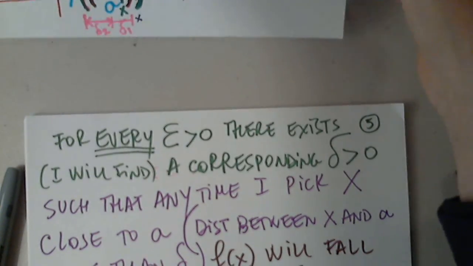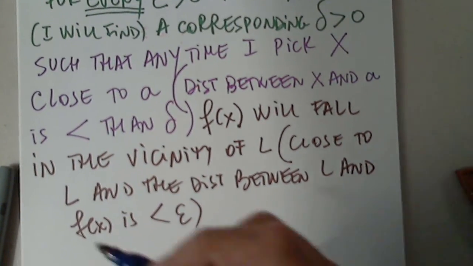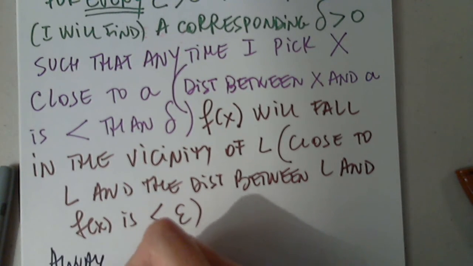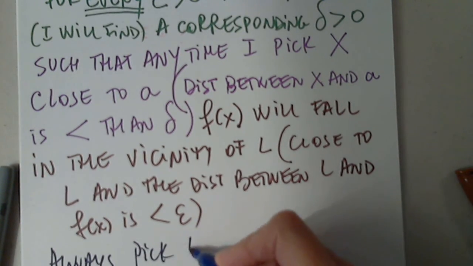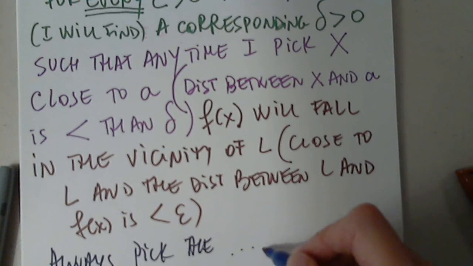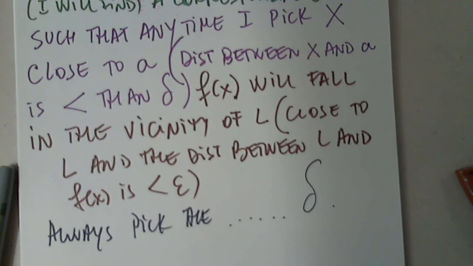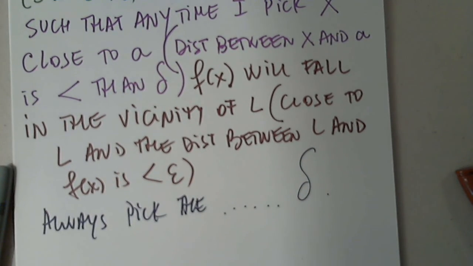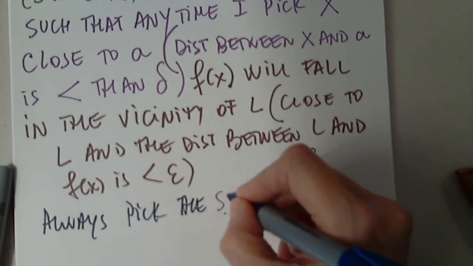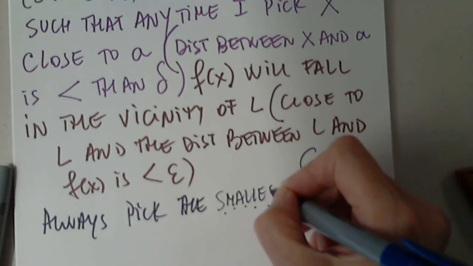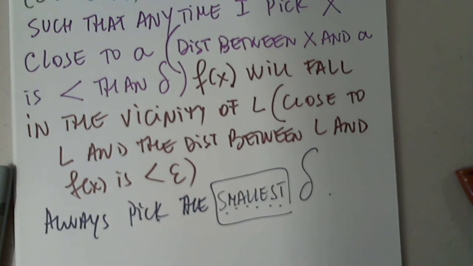Always pick the, which word am I missing there? Smaller. Smaller, maybe? Very good, awesome. Always. Because it would not work. If I pick the big one, the definition fails.